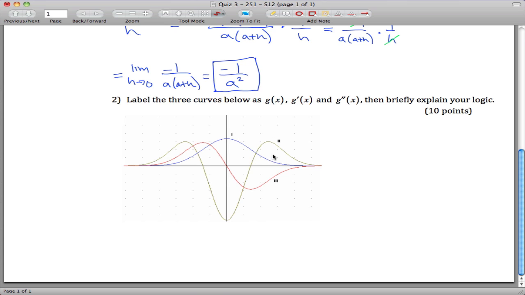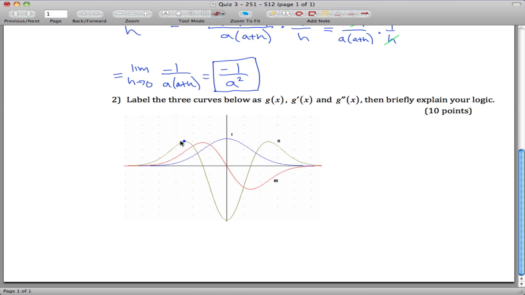Alright, 3 curves, 1, 2, and 3. We're supposed to label them as g of x, g prime of x, and g double prime of x, and explain our logic. Okay, let's see. I guess what I would notice is, let's first look at curve 2 here. Note that right here at this point, curve 2 has a derivative of 0, right?